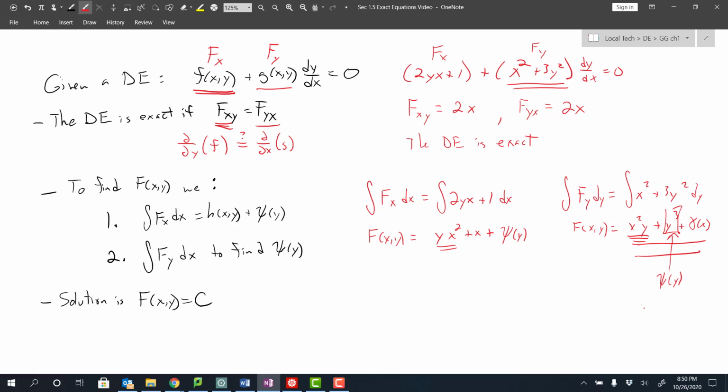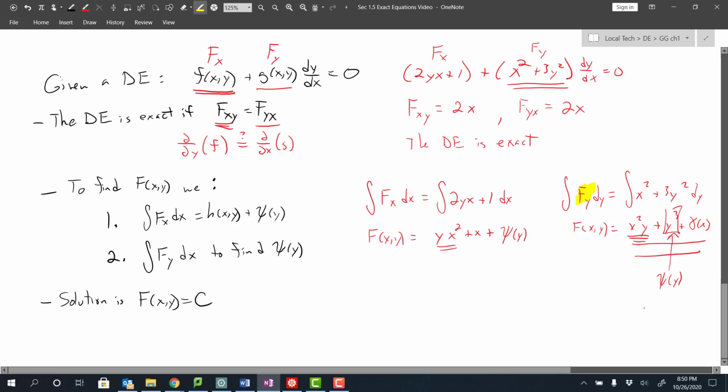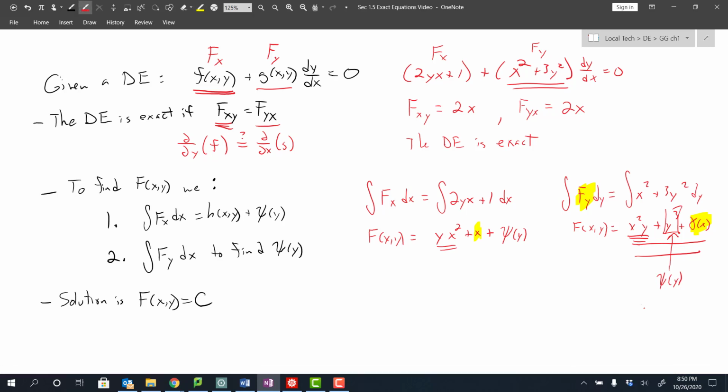Now, I could have done this in the opposite order as well. For instance, if I would have started by integrating first the partial with respect to y, then I would have been trying to find my missing function of just x, which by looking at the other integral, I would find is just x here. So whichever order I do it in, the point is to do one first and then just look for that missing piece.